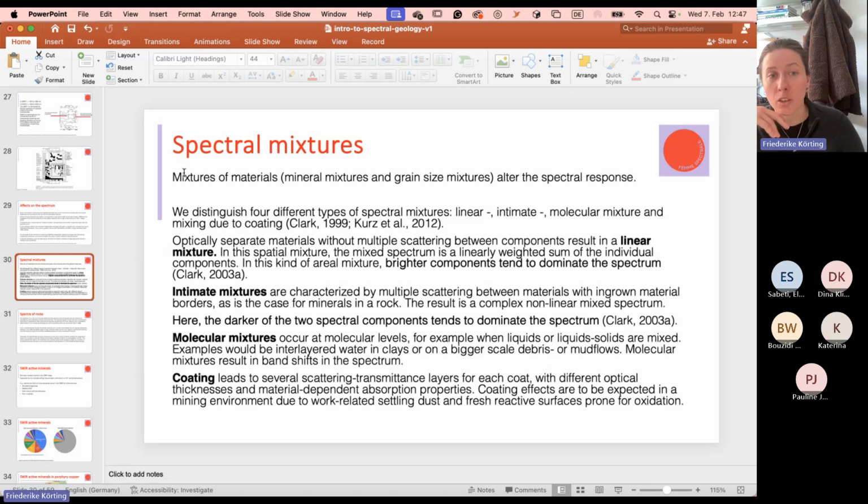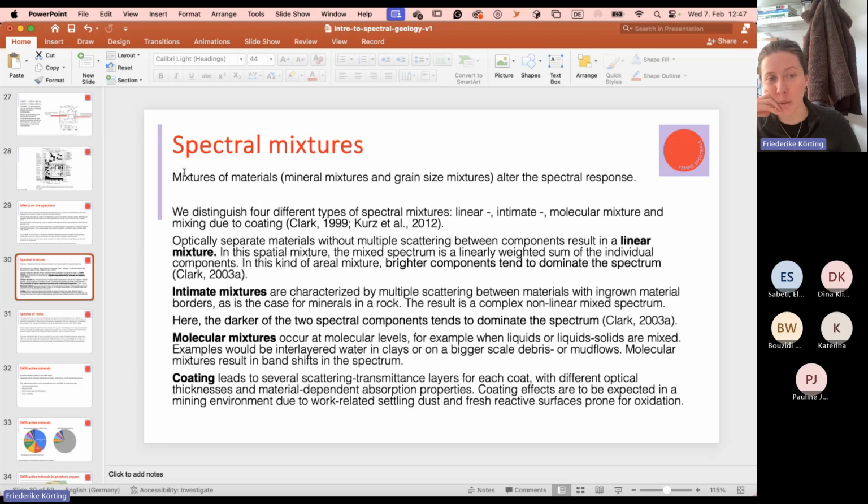Molecular mixtures and coatings. Coating is especially important because hyperspectral is just a surface measure. The rule of thumb is that we will have a penetration depth of half the wavelength. So if the longest wavelength that we are looking at is 2,500, we'll be limited to 1,200 nanometers of penetration depth.